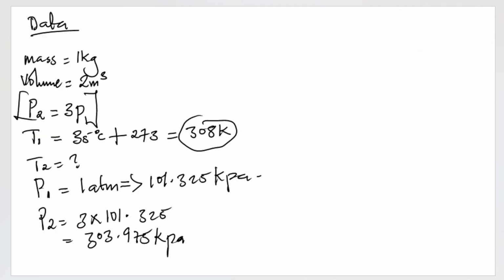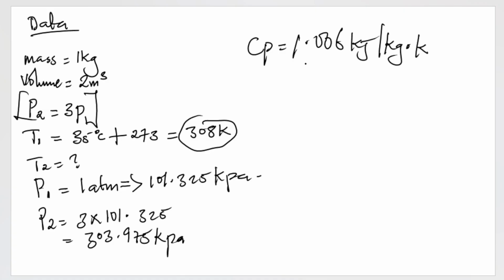Cp is 1.006 kJ per kg K, and we are also given Cv to be 0.718 kilojoules per kilogram Kelvin. So these are constant values that will be given to you in your question.